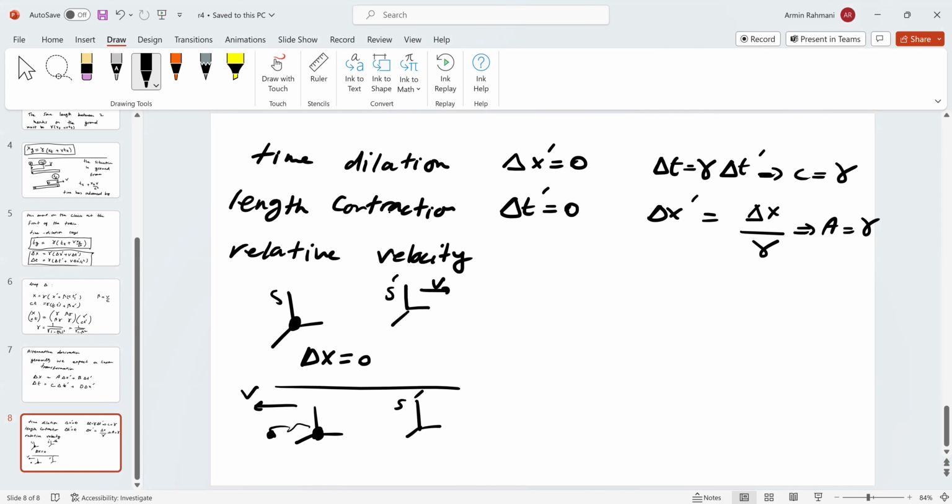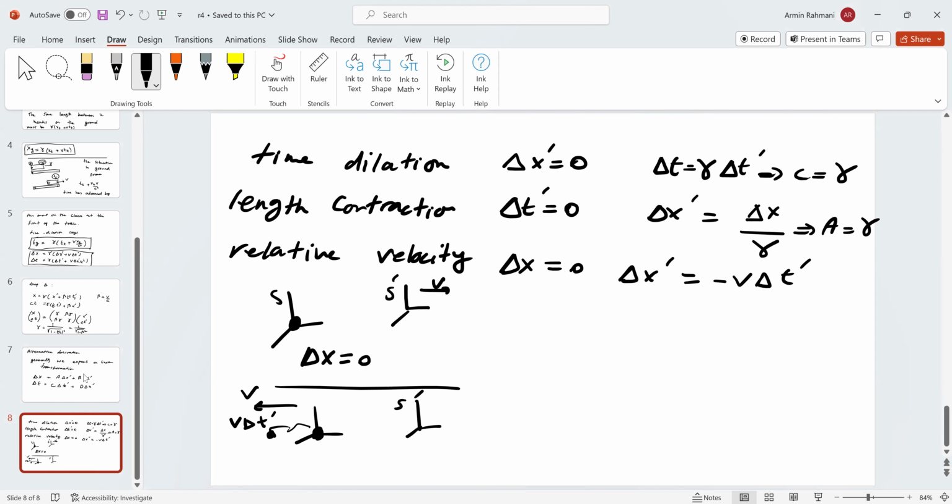That's a travel distance of v delta t prime to the left. So from here, we say if delta x is 0, we expect delta x prime to be minus v delta t prime.